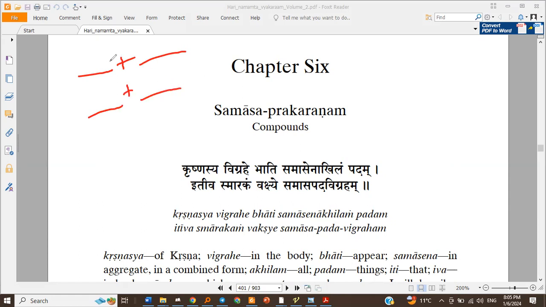But when we do Sandhi, there is no modification happening due to the combination of those two letters. First of all, in Sandhi, the combination is just between the letters, the last letter of the first word and the first letter of the second word. So it's just between that, the Sandhi.